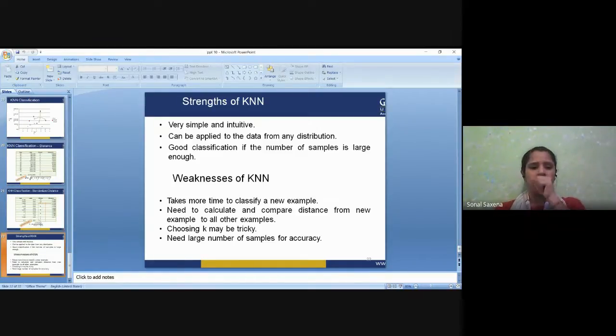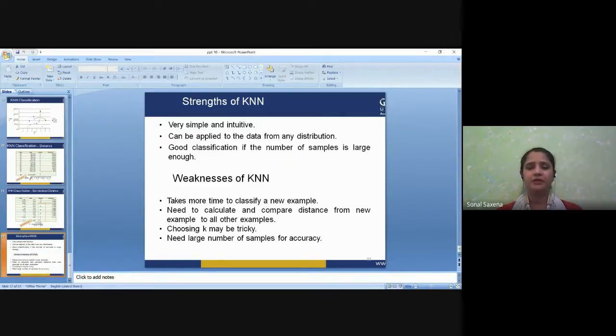Now, when we talk about the weaknesses of KNN, it takes more time to classify a new example. It needs to calculate and compare distance from the new example to all the other examples. The selection of k is very tricky because we cannot take a very small value and we cannot take a very large value either. So the decision of the k value is very crucial, and it needs a large number of samples for accuracy.